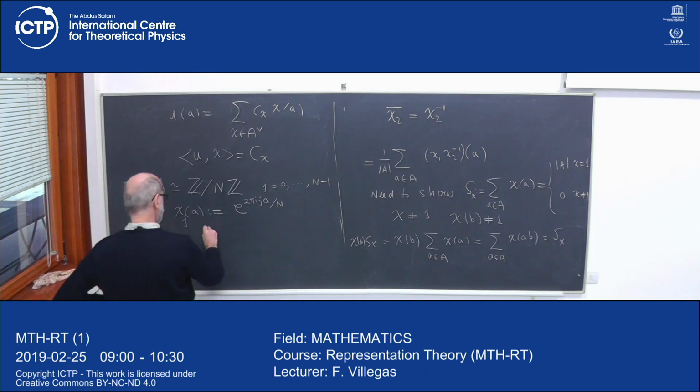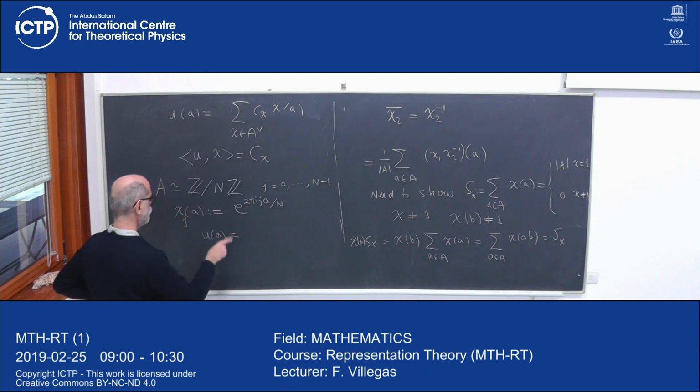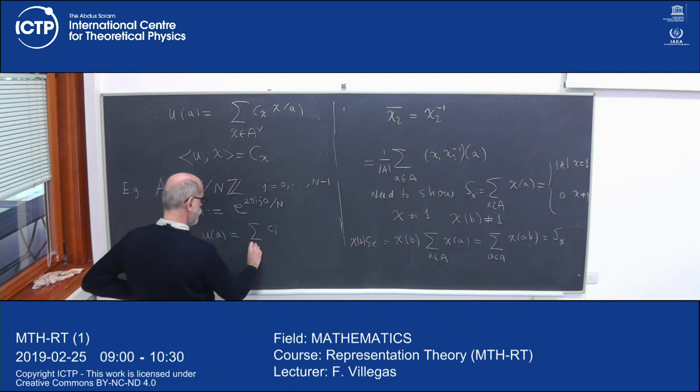And so what we're saying is the function U of A is a function of A that is periodic modulo N, which has coefficients we call C sub J now.